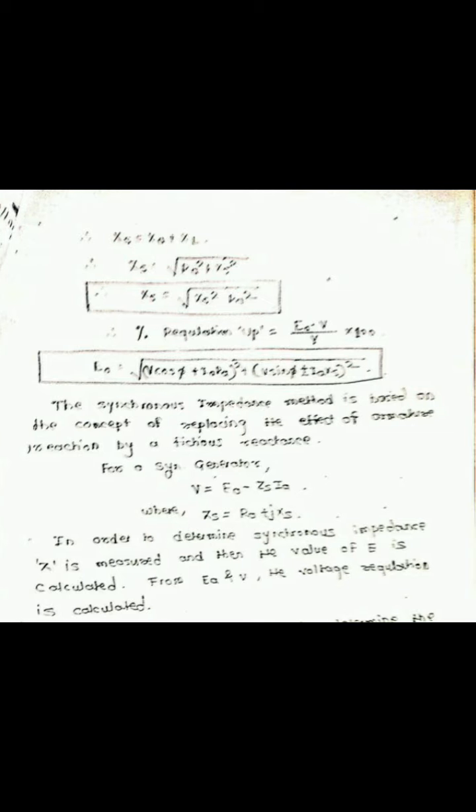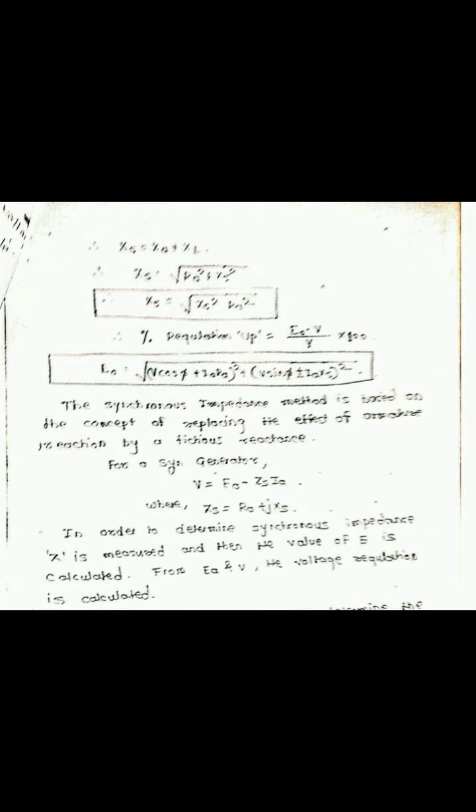Therefore, the synchronous impedance method is based on the concept of replacing the effect of armature reaction by a fictitious reactance. That is called Xs, the synchronous reactance, which is the addition of XL, the load reactance, plus Xa, the fictitious reactance. For a synchronous generator, V is equal to E0 minus Zs into Ia.